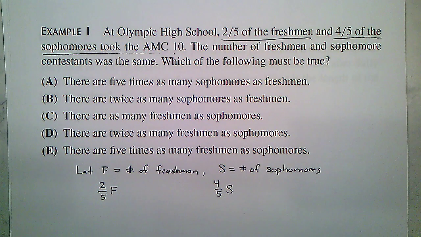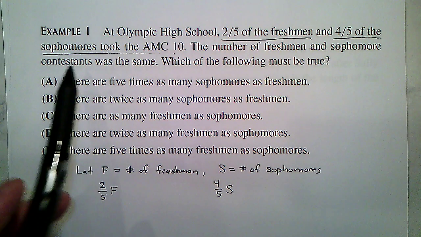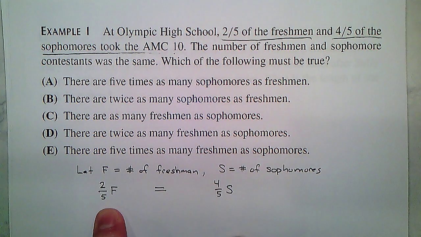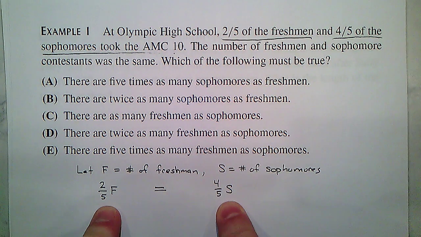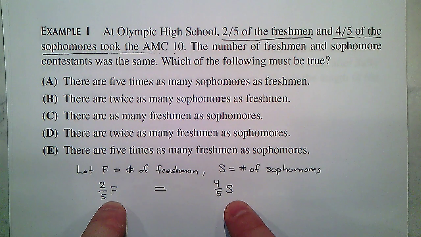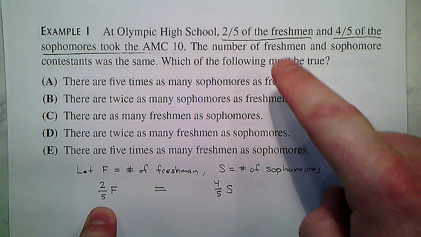The number of freshmen and sophomore contestants was the same. Oh, look, that means that the number of contestants here is equal to the number of contestants here. And there you have it. I have a relationship between the number of freshmen and the number of sophomores. Notice they're both over 5. They set the problem up nice for us.